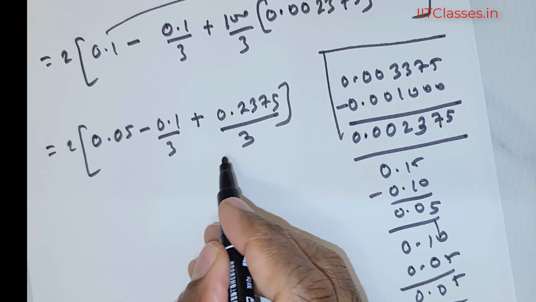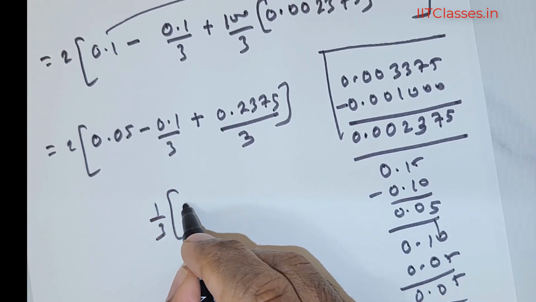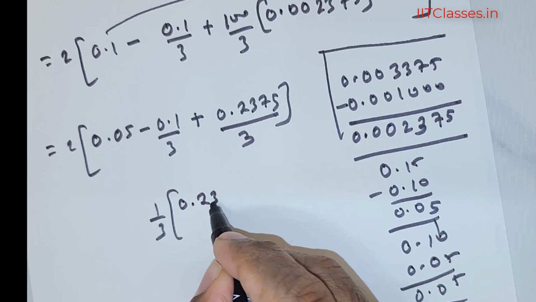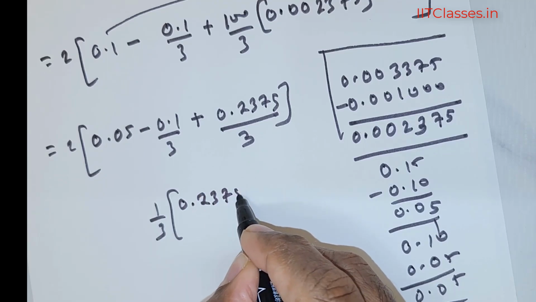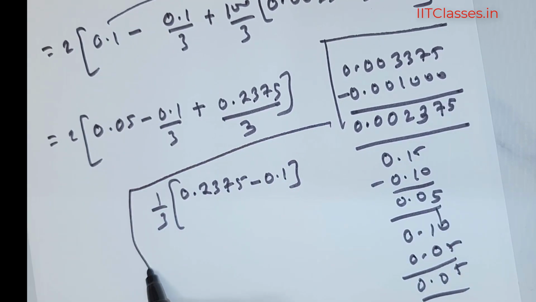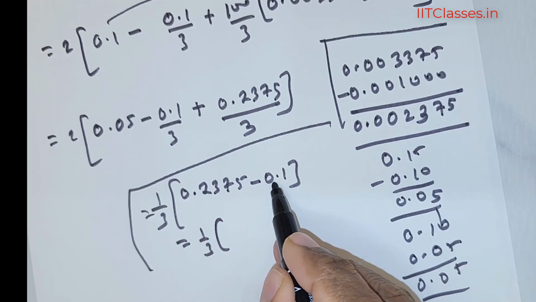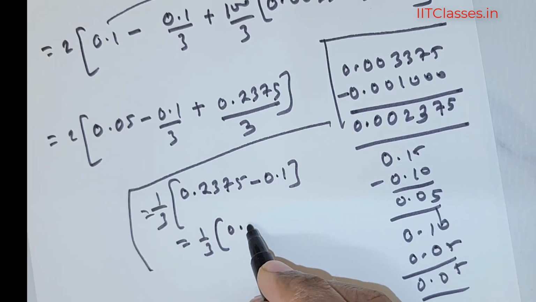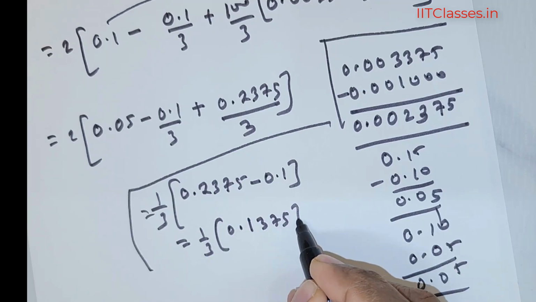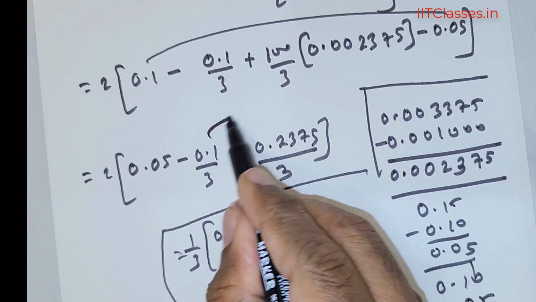So what we can do is take the factor 1 over 3 out, and you have 0.2375 minus 0.1. This is a rough column working. So this is equal to 1 over 3. You take away 0.1 from this, so you get 0.1375. So you take this and you substitute it here.